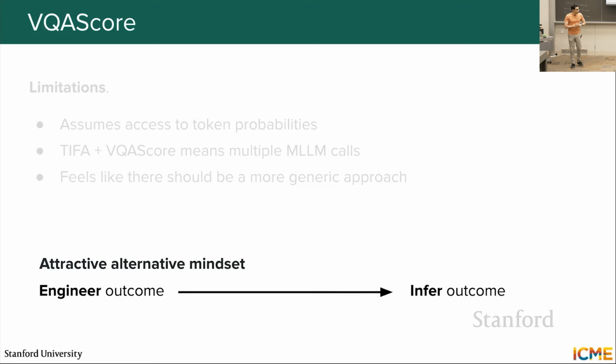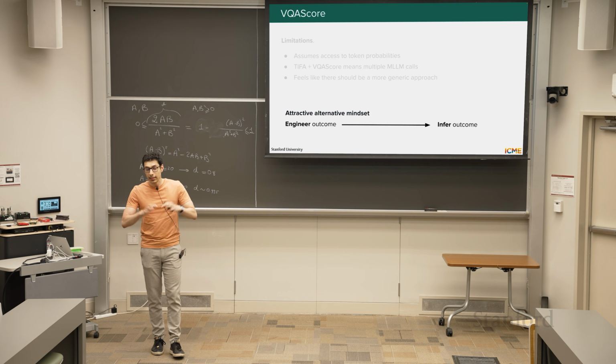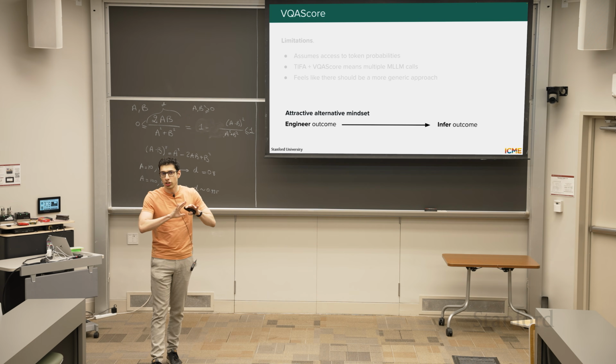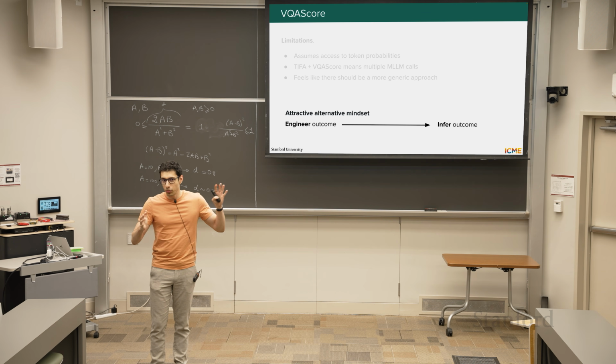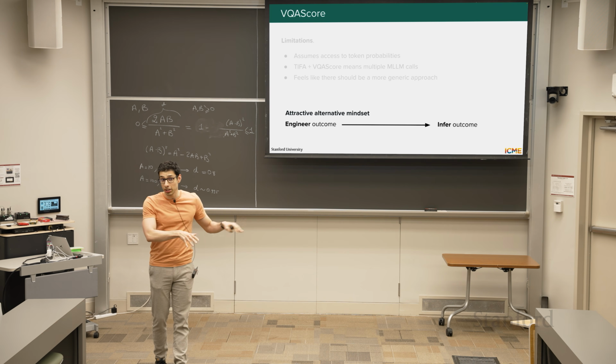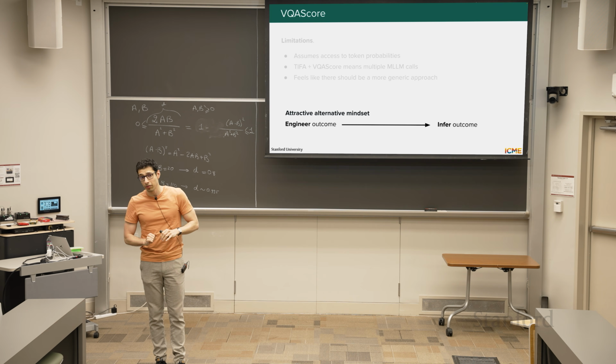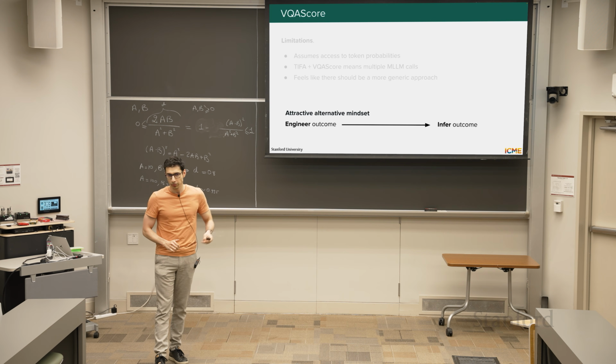But one shift of paradigm that seems attractive here is instead of being prompt-centric, be concept-centric of what you consider to be good, and then describe that good in a generic way, and then leverage all of the reasoning capabilities of these MLLM models to do that sort of reasoning on your behalf and come up with the final score.